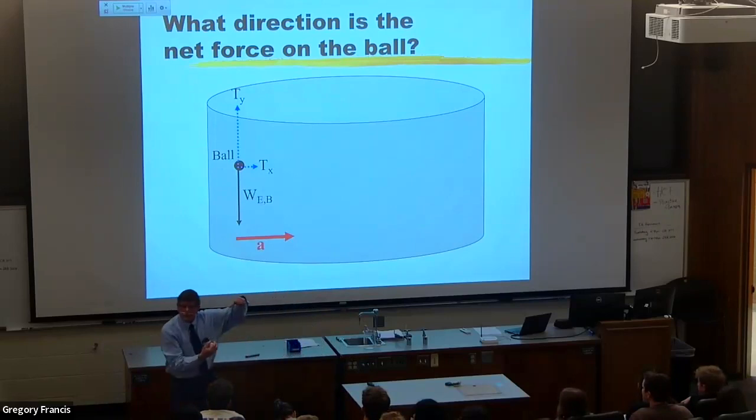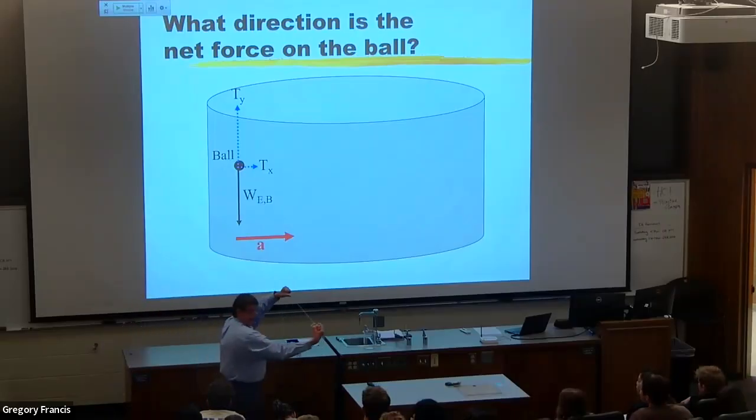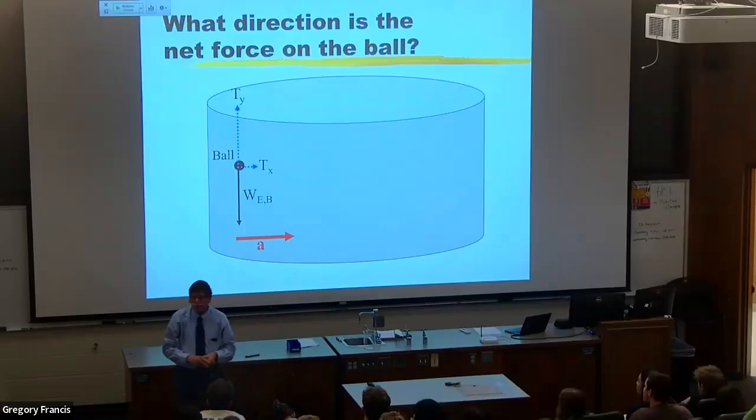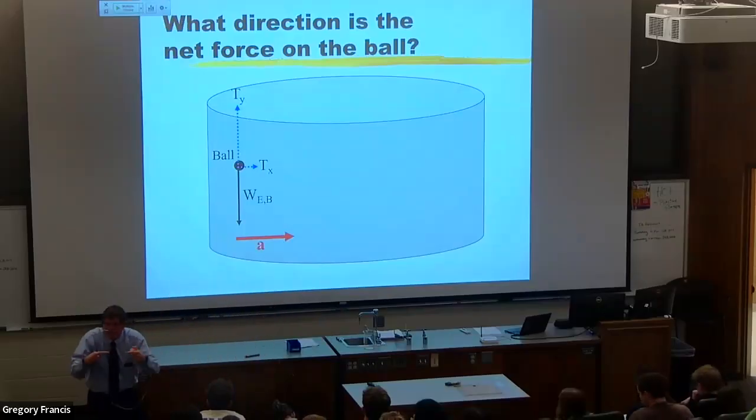For the beach ball, it's trying to go in a straight line, but the only thing keeping it in the circle is the only thing touching it, which is the string, okay? If he let go of the string, the beach ball would just be up against the wall and it would be the wall that's pushing it in the circle. But the force is in, not out.